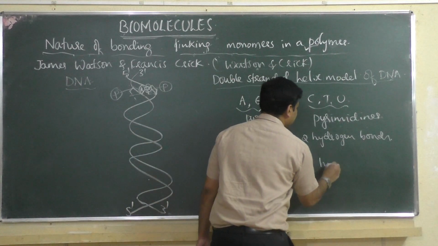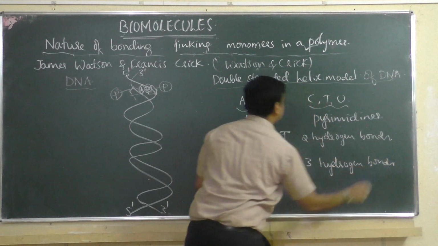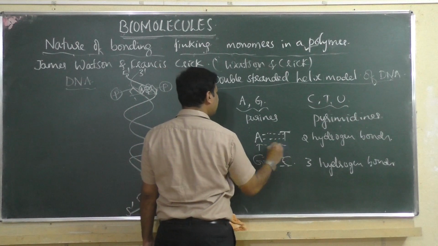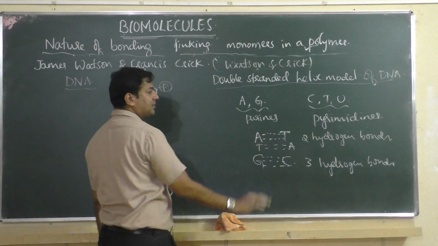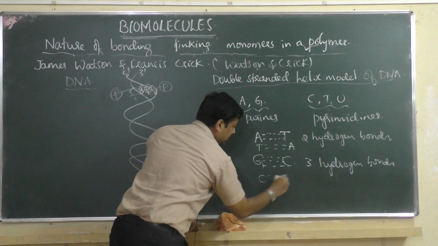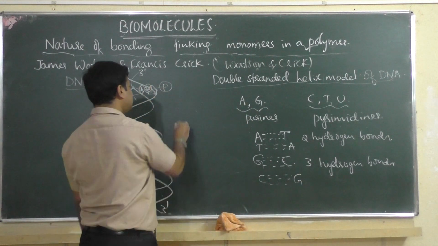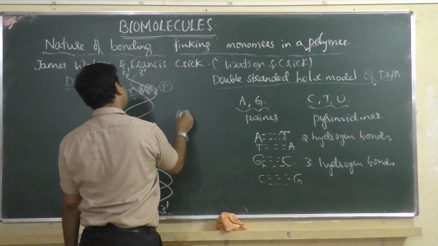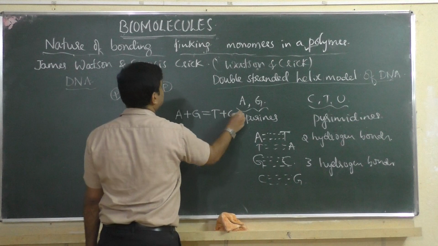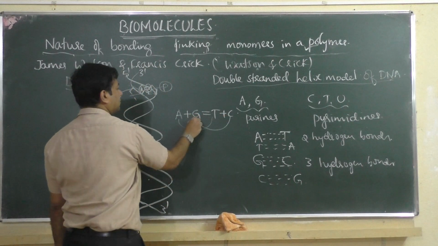So 3 hydrogen bonds. Vice versa means what? A can bind with T or T can bind with A, not with any other thing. Or G will bind with C or C will bind with G. Why? Because he has given a rule that is called A plus G is equal to T plus C, where A binds with T, G binds with C, or vice versa.